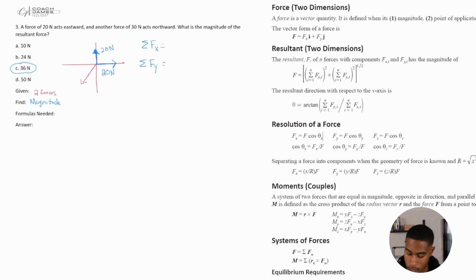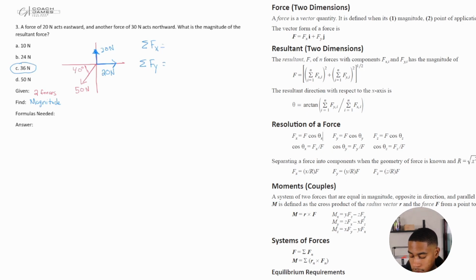Let's say my angle from here to here is 40 degrees, and this is 50 newtons. It's 40 degrees from the x-axis, right?